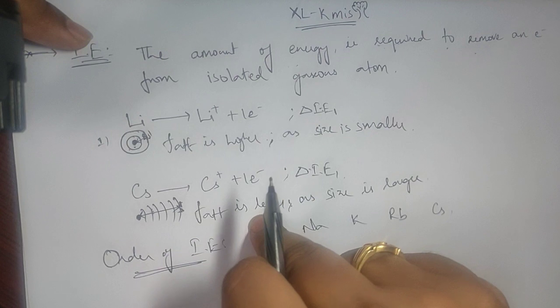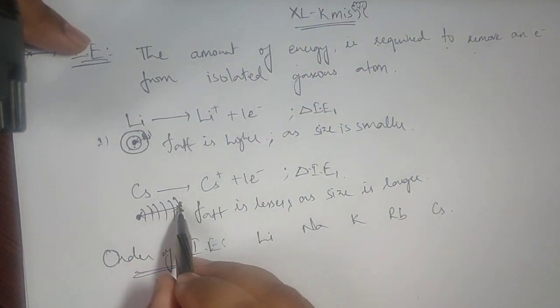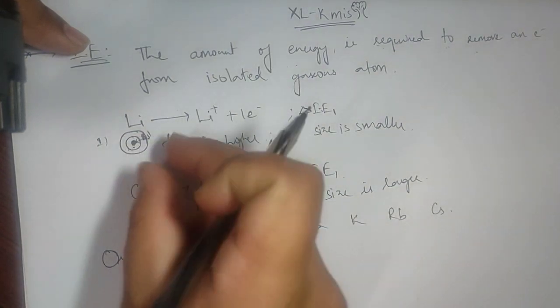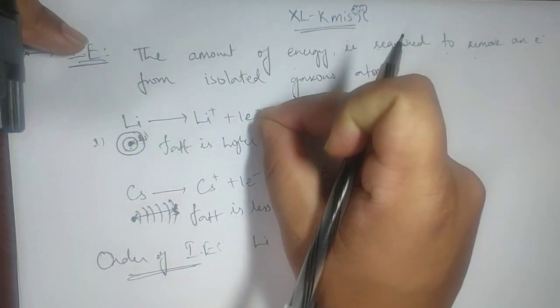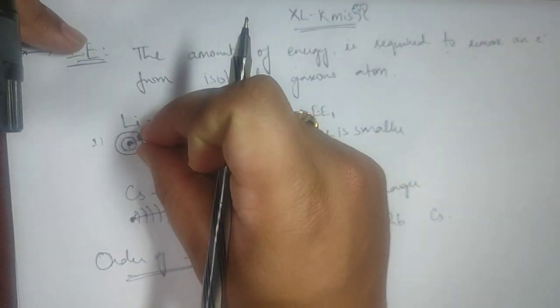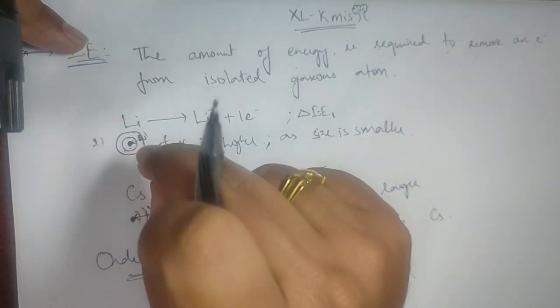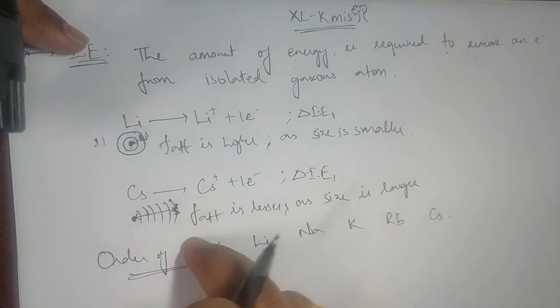In this case, because the force of attraction is lesser, I can remove this electron easily. But here the force of attraction is greater, so it's very difficult to pull an electron from this. Are you understanding? It is very difficult to pull an electron, meaning the ionization energy is very high. It is very easy to remove an electron, meaning the ionization energy is lesser.